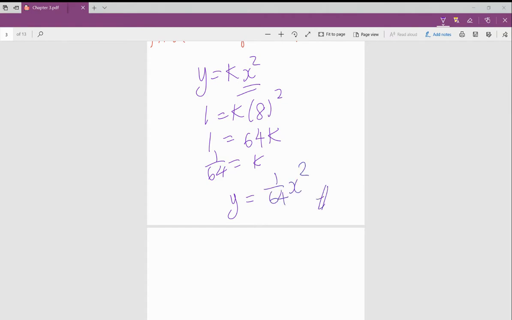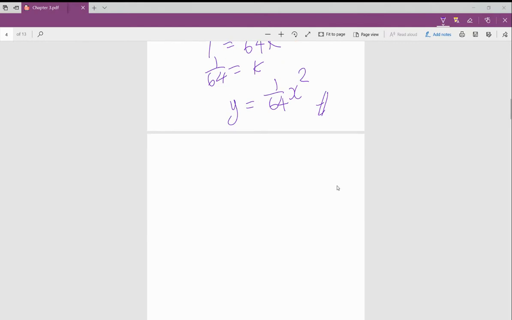This is the equation. But usually the question doesn't stop over here. The question will follow on and then ask you to find something else. Let me share with you one particular question and then we will see how you proceed from here. Example 3.